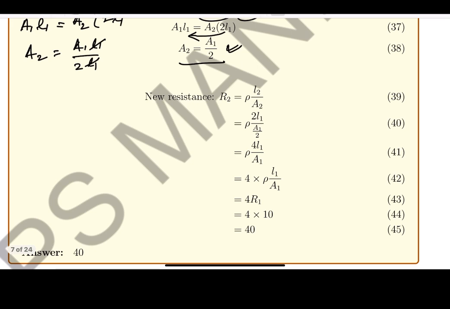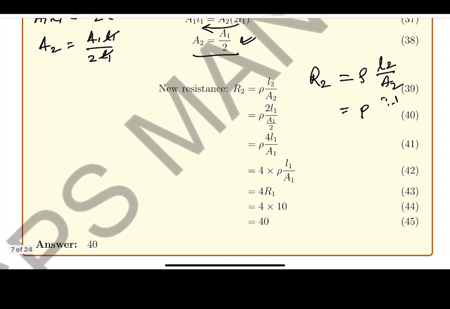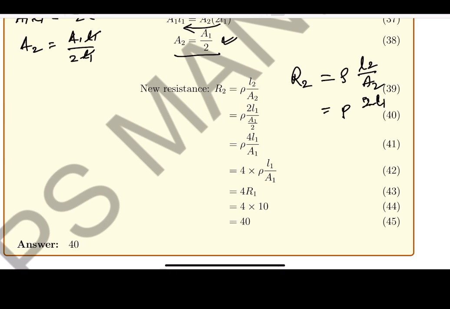Now let's find out the new resistance R2, which is rho L2 by A2. What is L2? L2 is 2L1, divided by A2, which is A1 divided by 2. So the 2 will go up, and it will be rho 2 into 2, 4 L1 divided by A1.